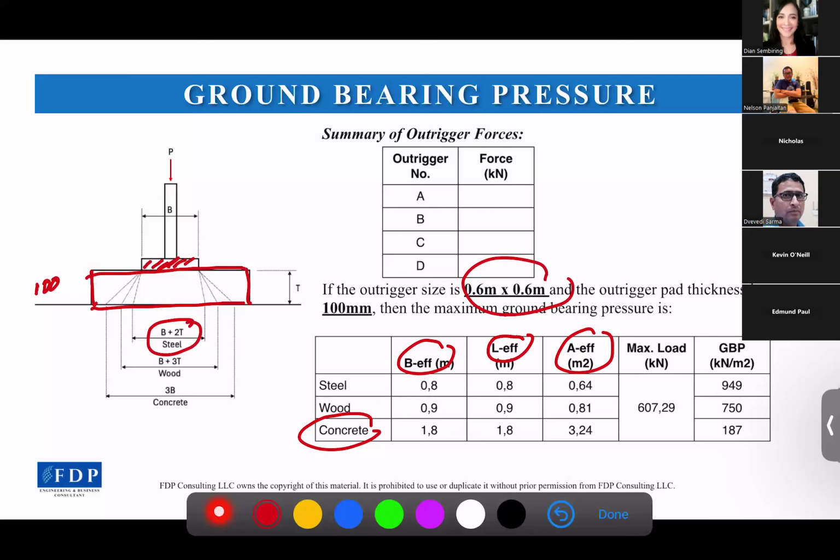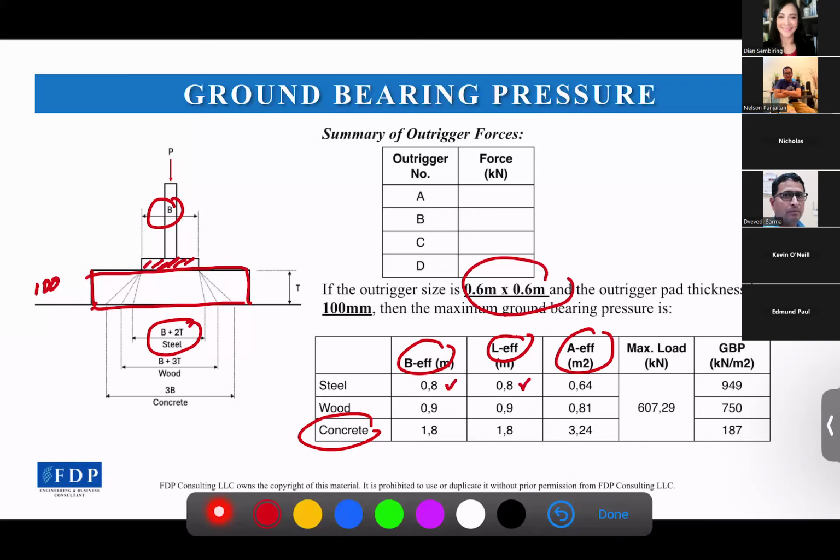So for the steel, B is the outrigger width. The original outrigger is 0.6 width, 0.6 length. So B plus 2 times the thickness of 0.1 meters gives 0.8 for the effective width and 0.8 for the effective length.